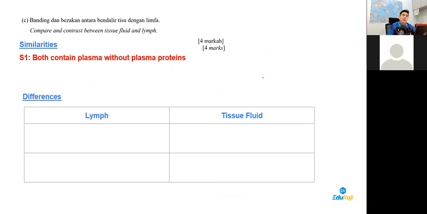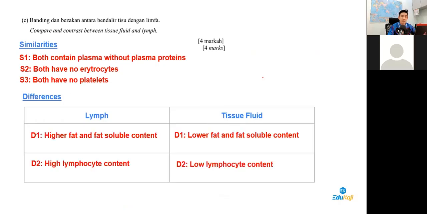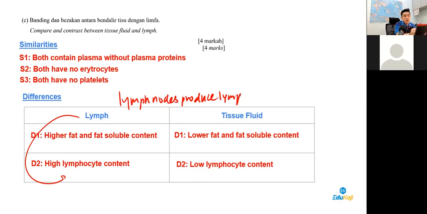If you remember, they both do not have red blood cell and platelets because the size is too big. Okay, differences, you can check it out, guys. Lymph got more lymphocyte because the lymph nodes produce lymphocytes.